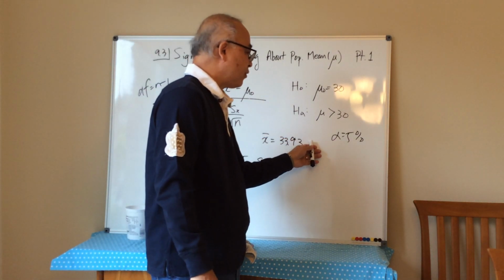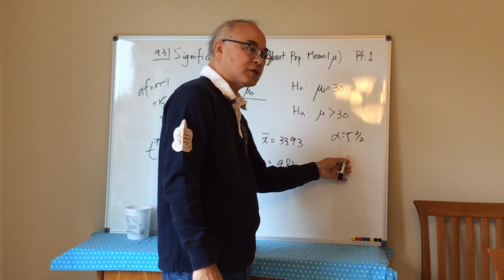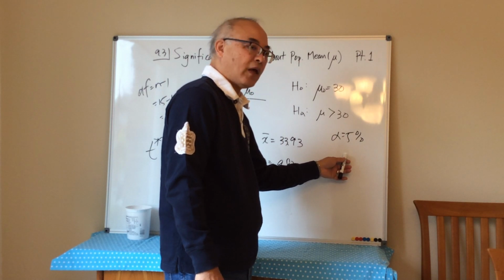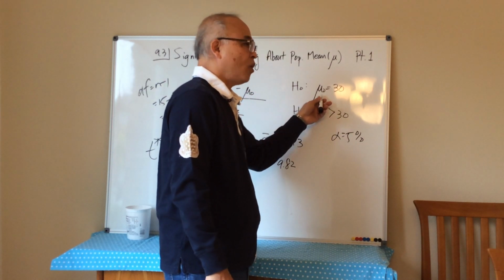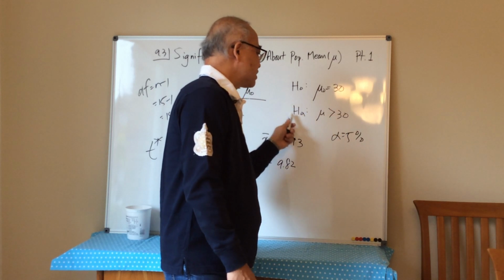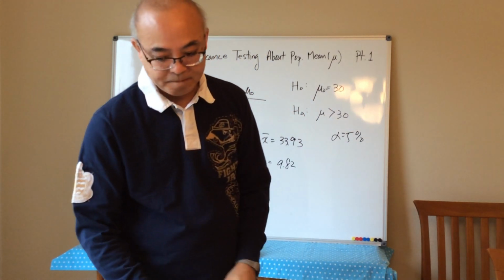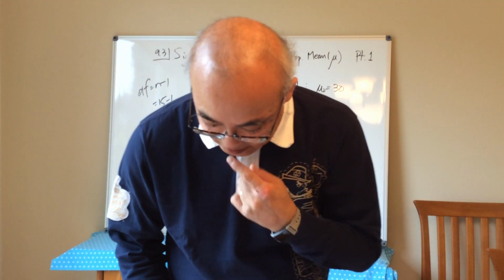So I know that the p-value is greater than the alpha, which means what? We fail to reject the H0. We do not have convincing evidence for this. All right, so that's that.